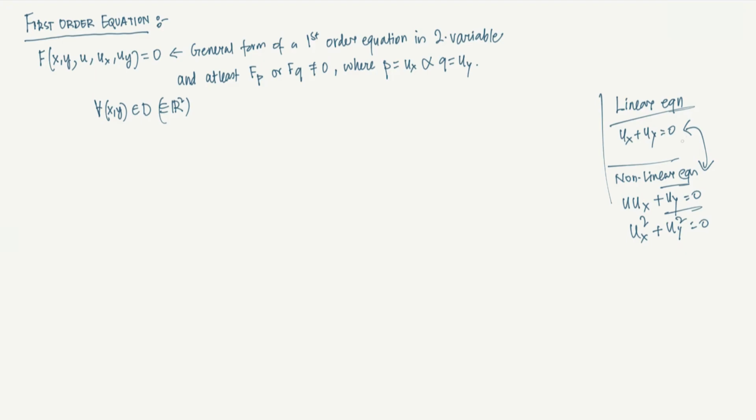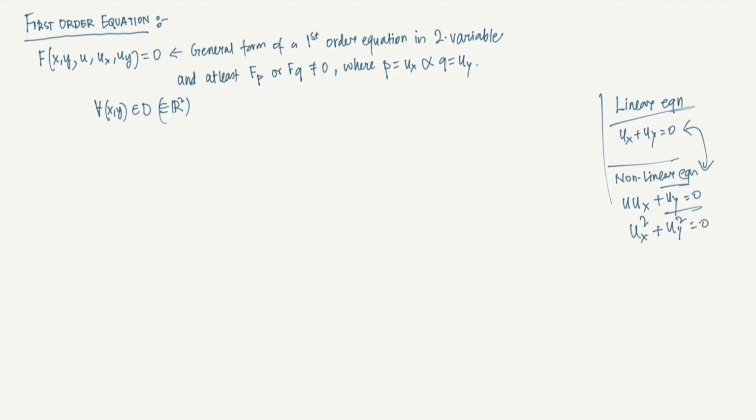But the idea is we need to solve these problems, right? So between linear and non-linear equation, there are two other classifications which you can make, and the degree of difficulty of solving is increasing with every step.